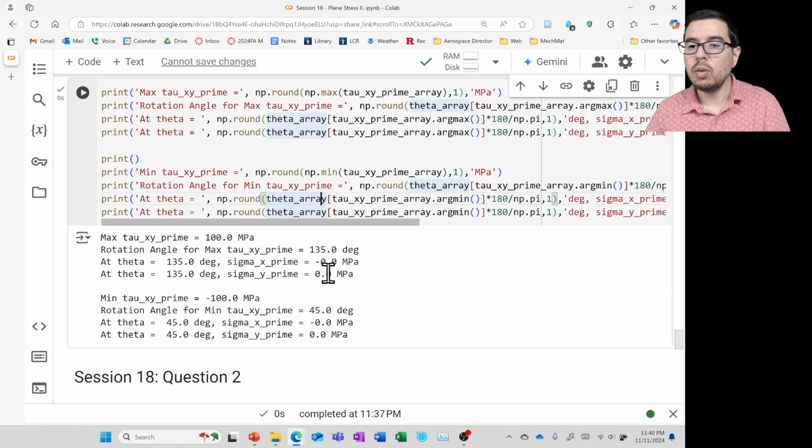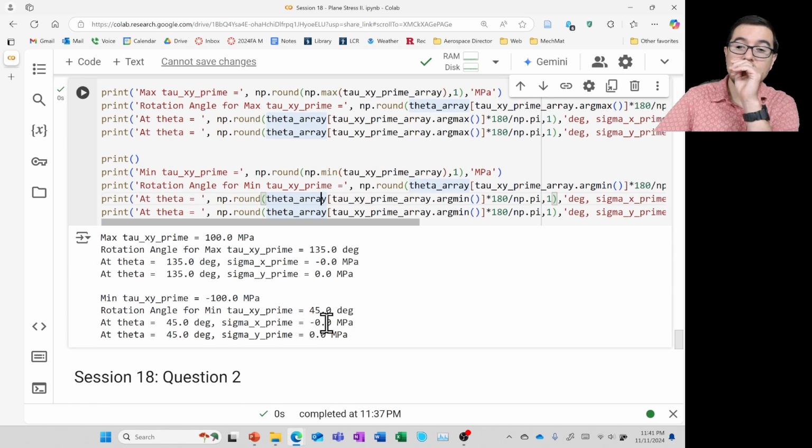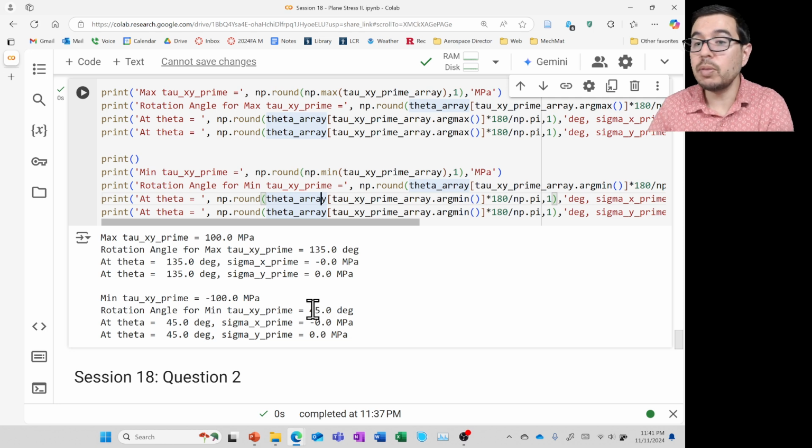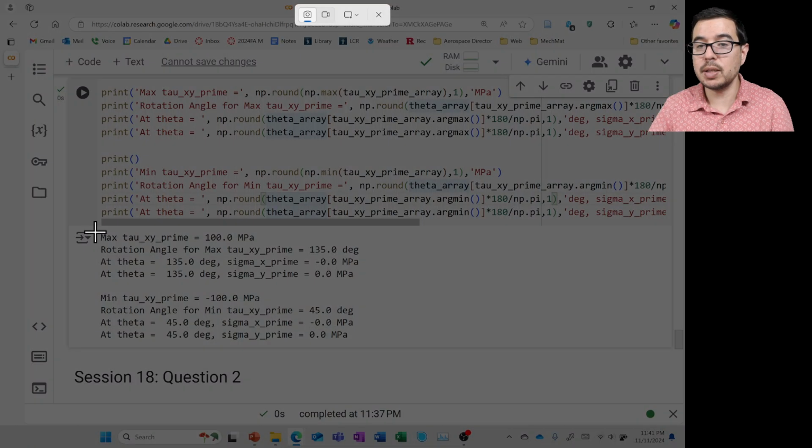It must have been for a different problem. It's not copied and pasted from this. Look at that. Okay, so that's a mistake that I made when I copied and pasted previously.